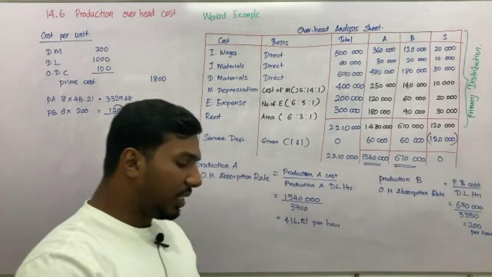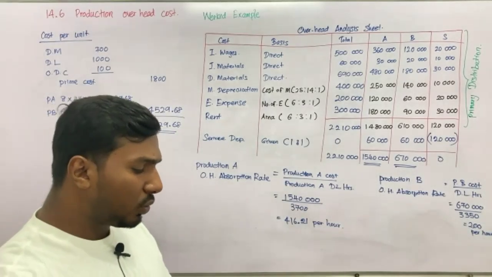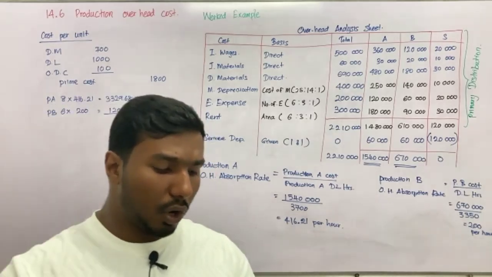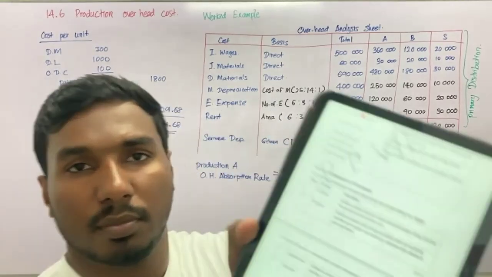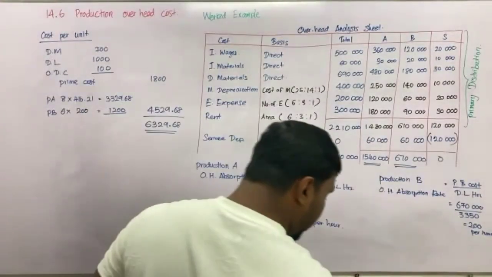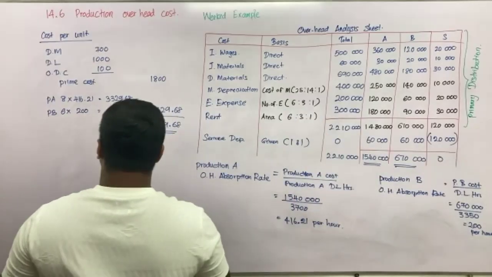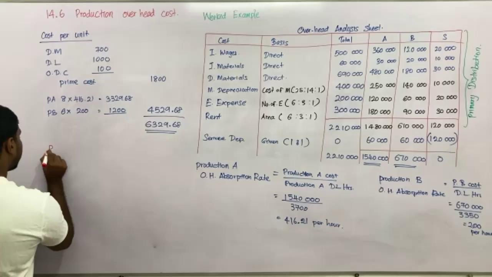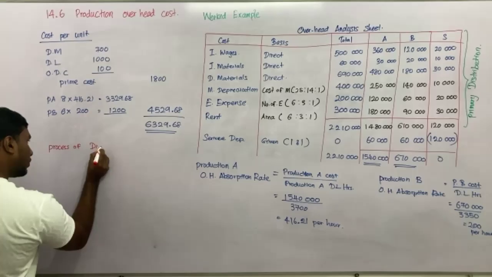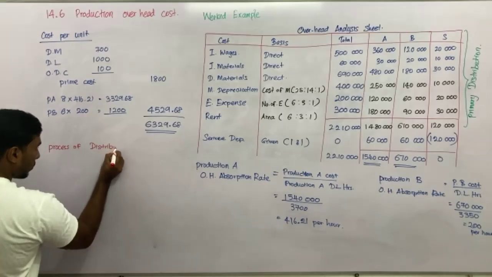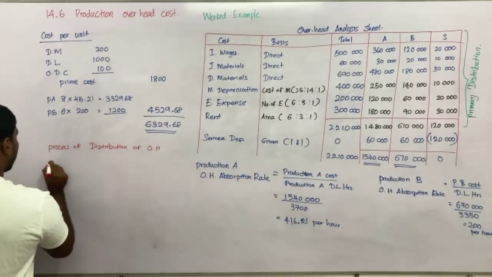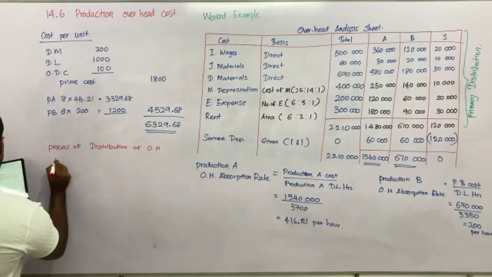Okay. So now I'll come to the theory. If you go to page number 17, you can see the process of distributing the overheads. There are 4 processes. First process is collection.